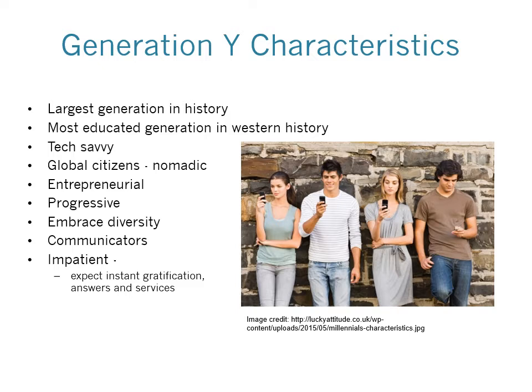However, we are a little impatient. We generally like instant gratification. We want answers and we want services. This can hinder us a little bit, especially the instant gratification. You know what I mean? Like starting a job, working for 6 months, and wanting a promotion. It doesn't happen like that.